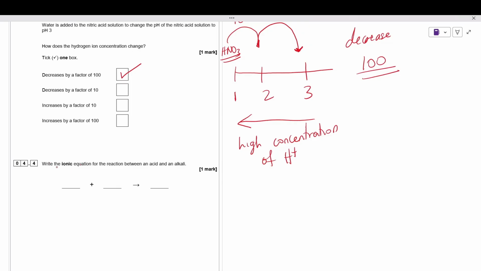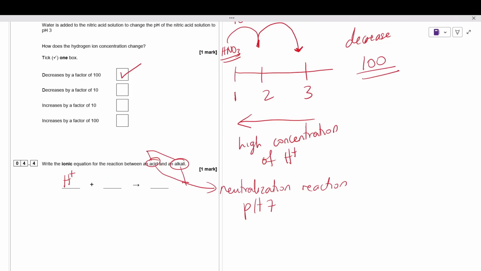Now for 4.4, write the ionic equation for the reaction between an acid and an alkali. So we know the acid and an alkali, once they are reacting, it's called a neutralization reaction. And this is where we form a pH of 7. So from our acid, we have our H plus.